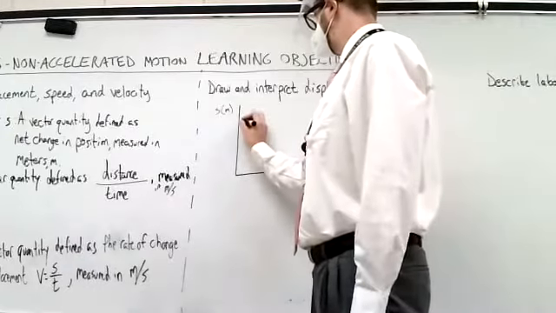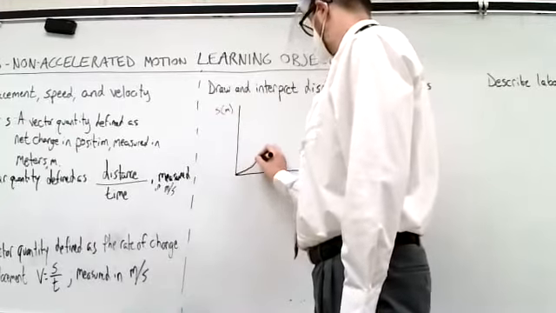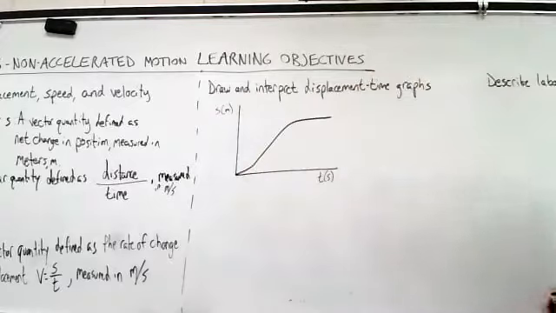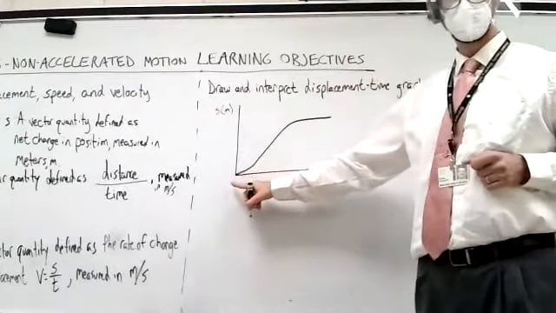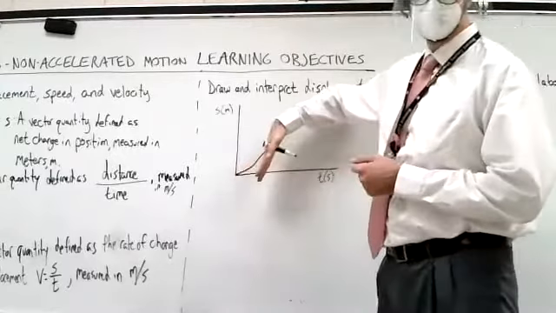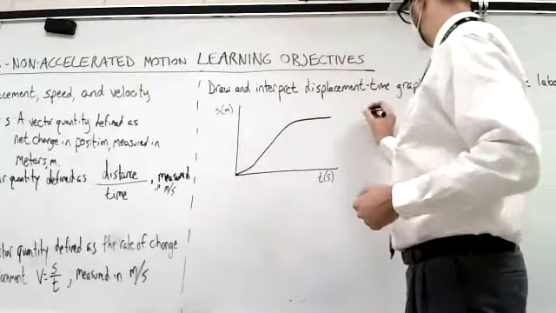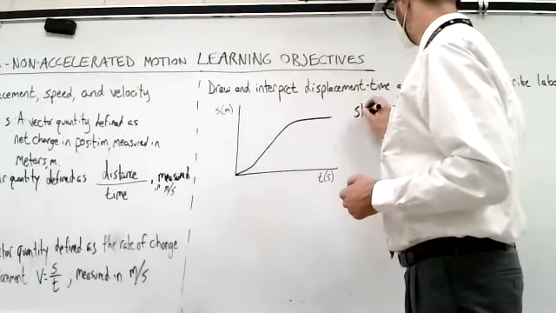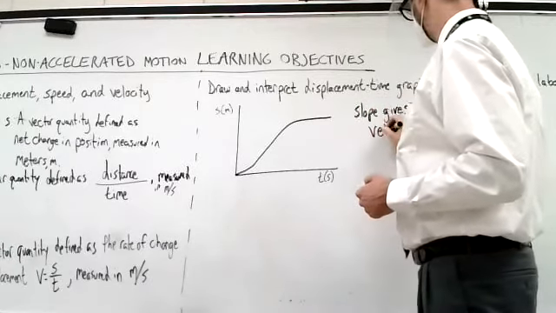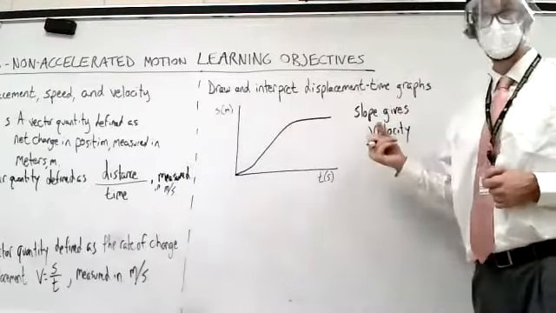It could be like this, okay? We've got a curved line, which would indicate a changing slope. And so the key interpretive idea with displacement time graphs is that slope gives velocity. The slope of a displacement time graph gives the velocity.